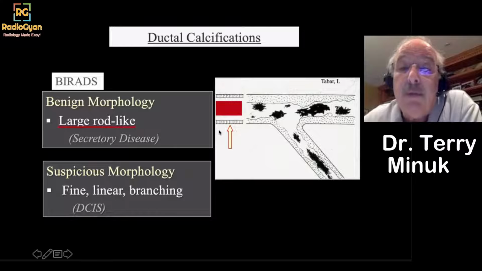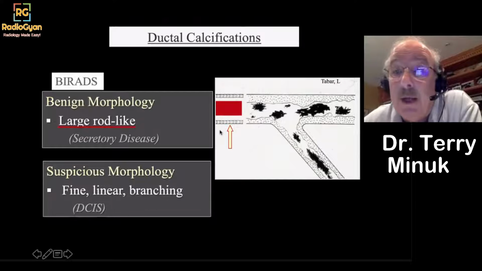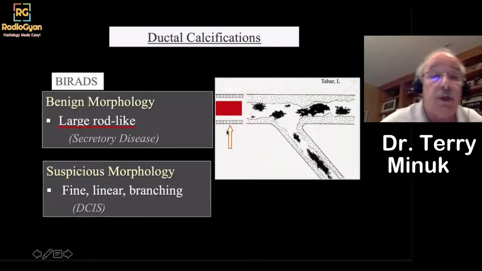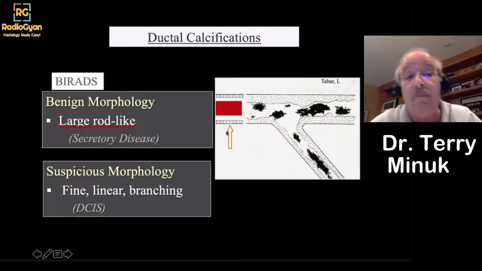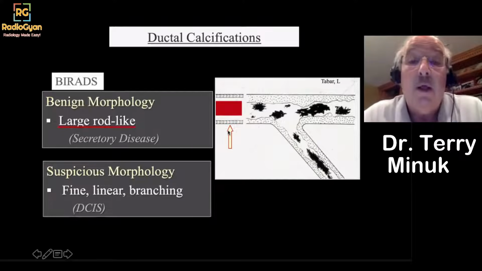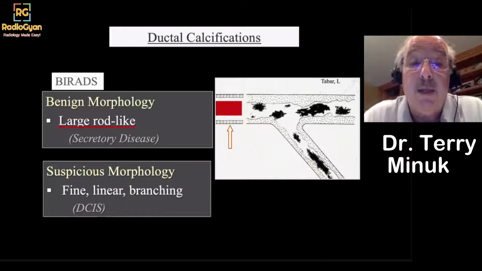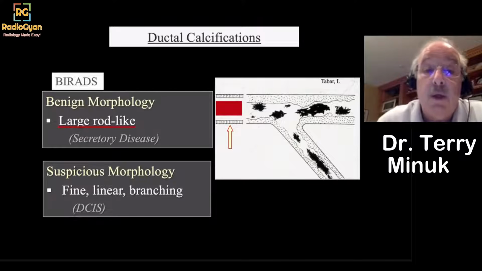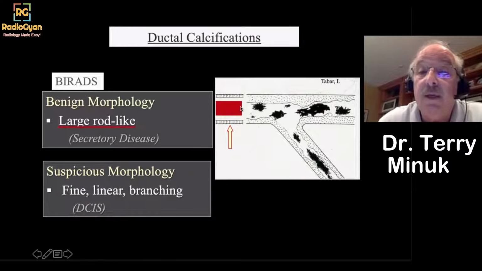These ducts are often a bit ectatic because there's often inflammatory changes around the duct, and those inflammatory changes have plasma cells. So it's known as secretory disease or plasma cell mastitis. So these large rod-like calcifications exist in a normally lined duct, and they tend to be smooth in contour.